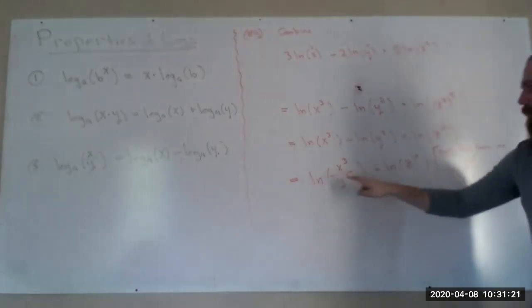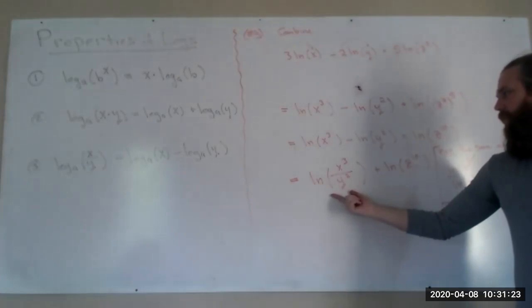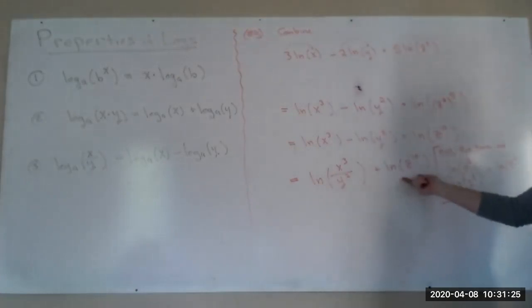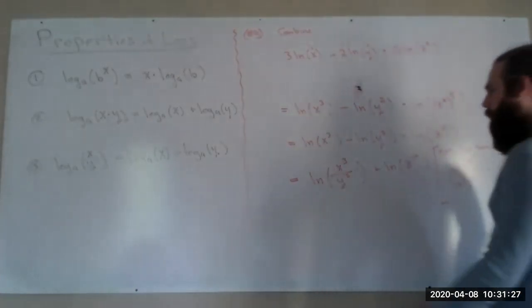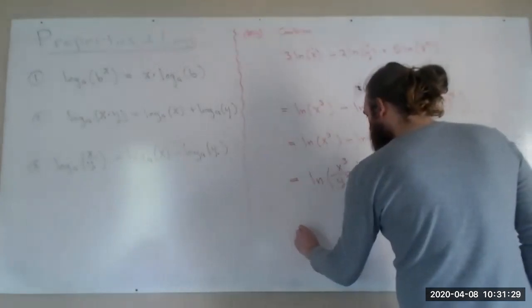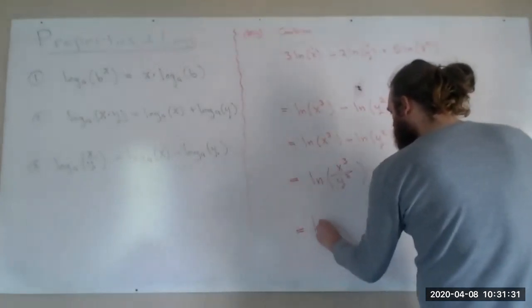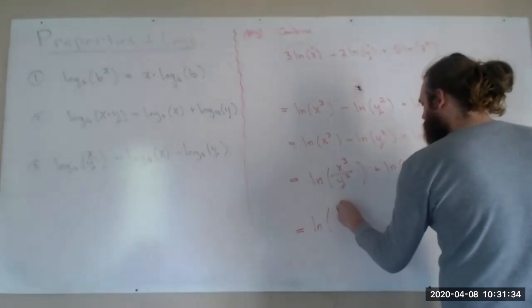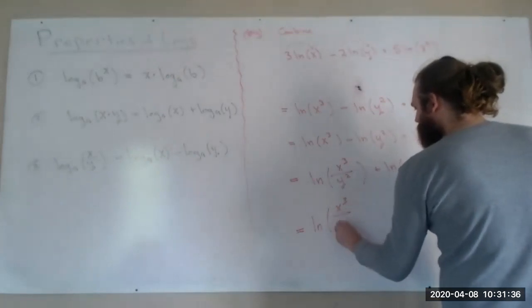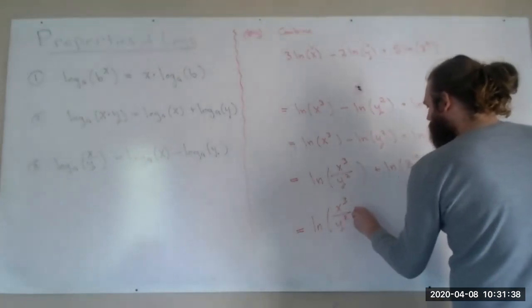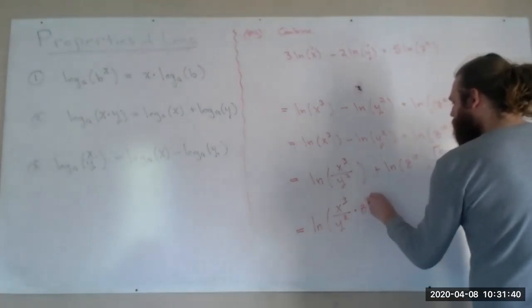Now, in my last step, I have ln of something plus ln of something else. That's something I can combine using property 2. So I can write this now as the single natural log of x cubed over y squared times z to the 10.